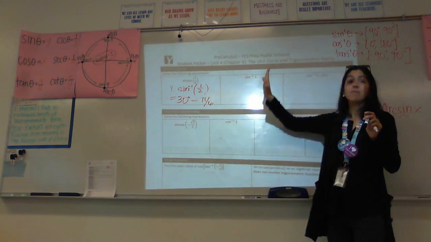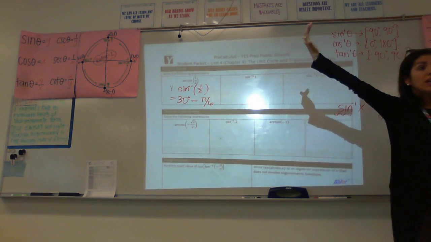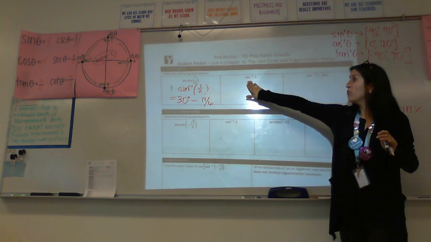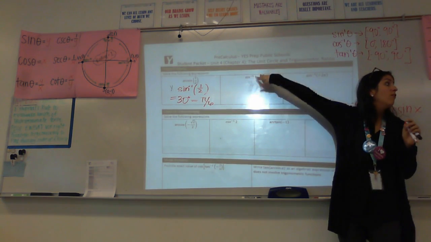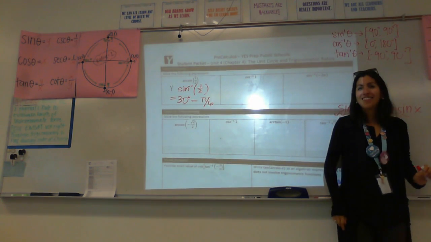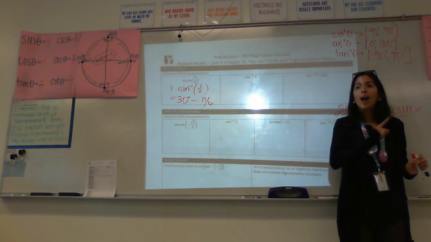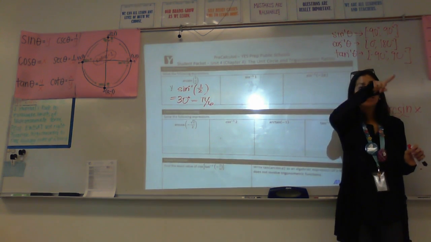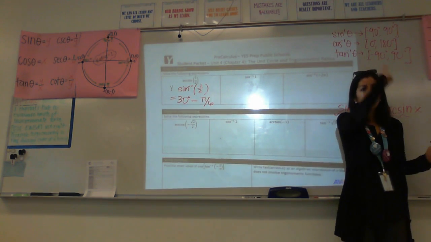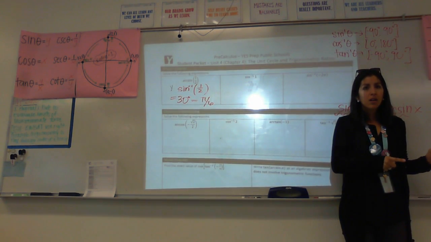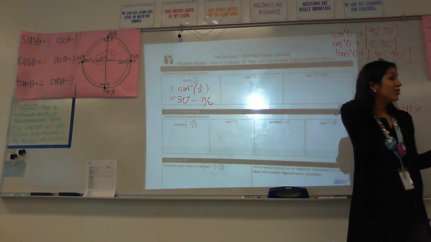Let's try this. Gotta be between -90 and 90. Here I'm looking for a sine of 1. So let's look at our circle. Is there anywhere where the y value is 1 as I scan my circle? Harold, where? Pi over 2. Good, he gave the answer in radians.